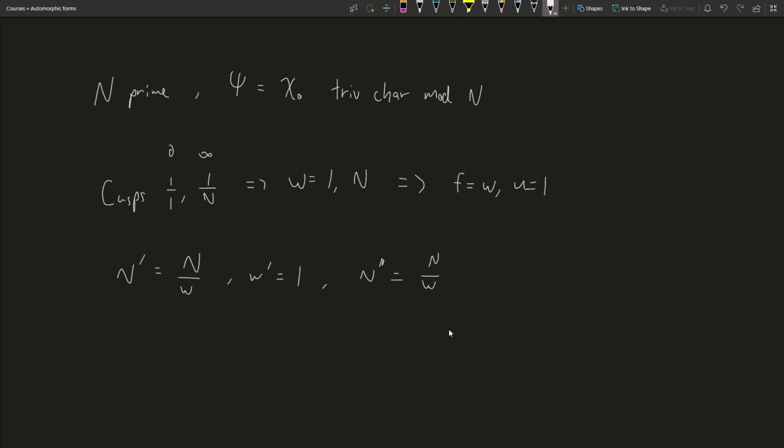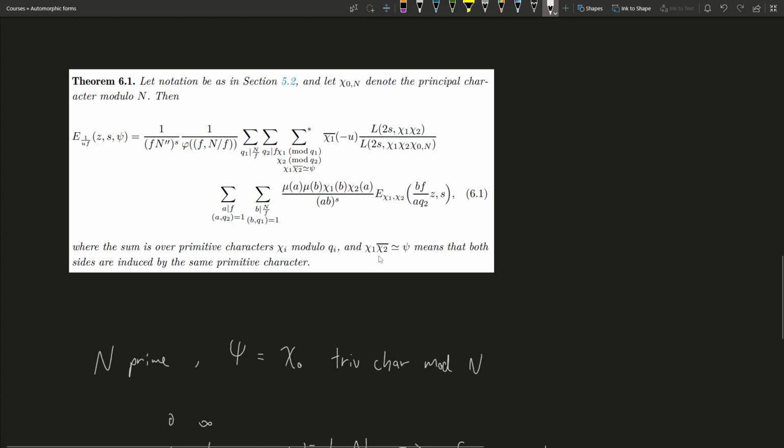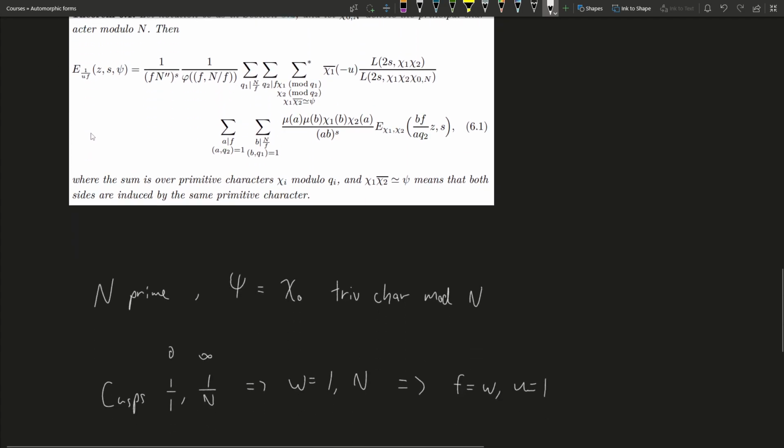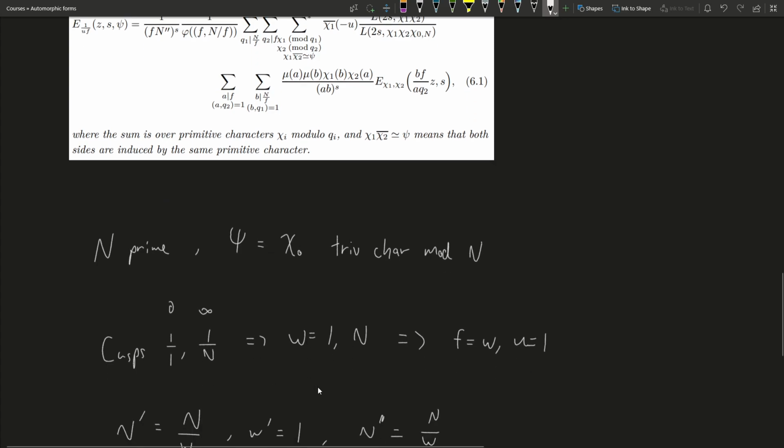Okay? So now let's look at our Fourier expansion and see what's going to happen. So we're going to be interested in the case where f is n, because as I said at the beginning, I'm only going to look at the Fourier expansion at infinity. So that's the case where w is n.